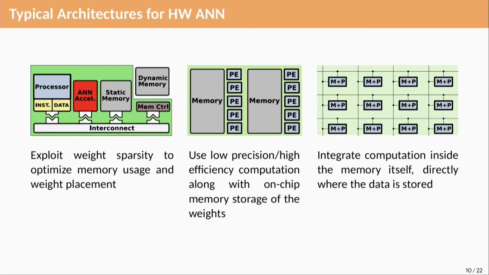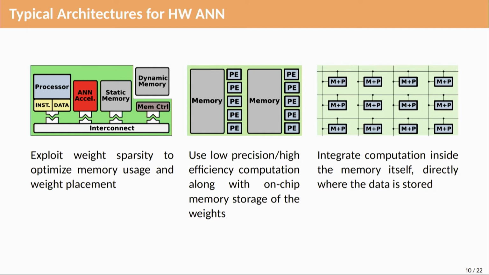So the typical acceleration architectures that we have are the following. Either we have an accelerator here that is using classical memory, or we have accelerators that have memory locally and a lot of processing elements that are just doing multiplication accumulation, I would say. Or you have the memory that contains itself both the data that is stored and the computation that you have to operate on the data.